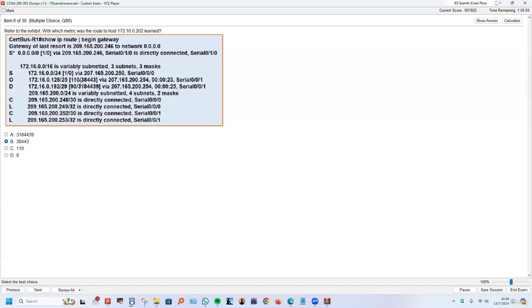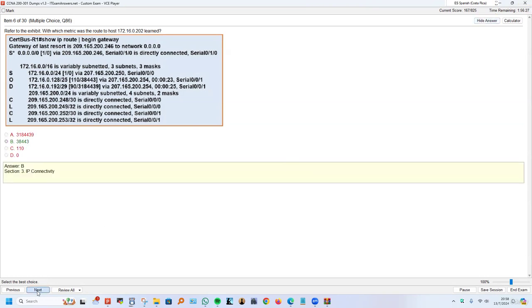It's using OSPF. And this is because of the mask. The lowest mask is the winning in this case, the administrative distance, and the lowest metric. We have the lowest mask, but basically it's taking administrative distance and the lowest metric, and that is option B.